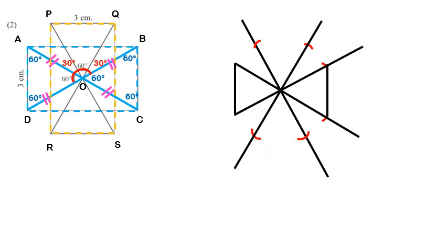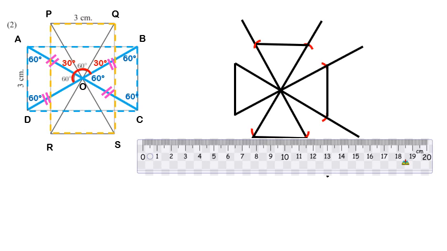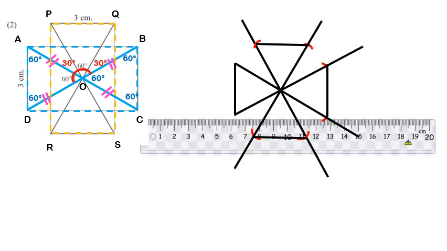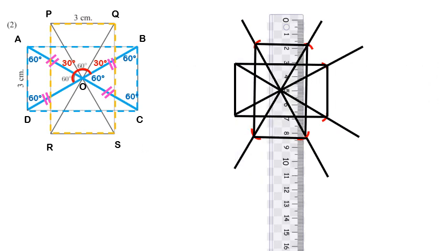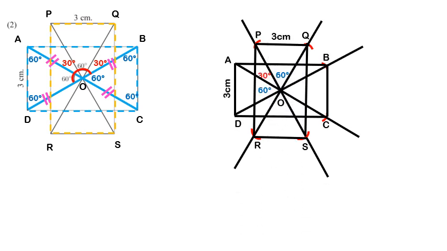Then join each intersecting point by using a ruler. And complete both rectangles by joining each ends. Then erase the unwanted parts. We get the required pattern.